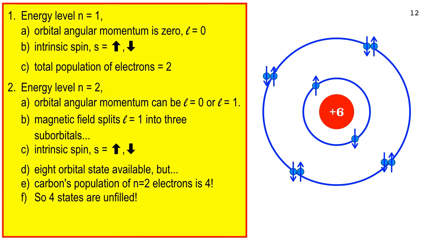So go ahead and erase 2 of those or cross them out. So there's 2 sets of up and down for carbon in the n equals 2, and another 2 sets of up and down it would like to have. And if it did, then n equals 2 would be completely filled.